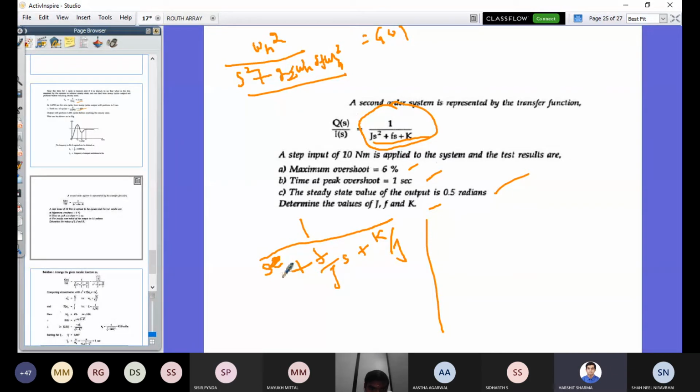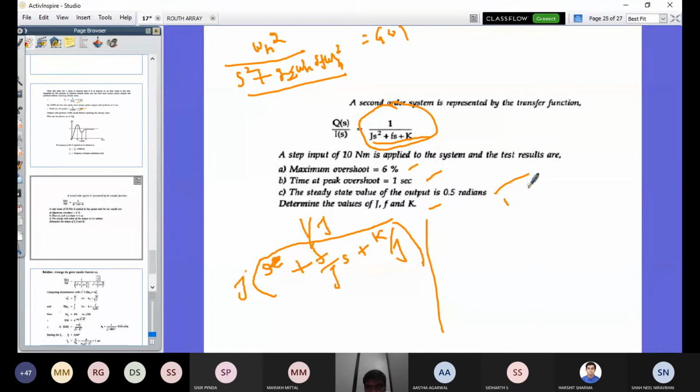One minute. If you take this j outside, then this j will go into the numerator.